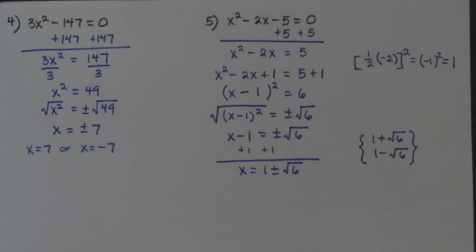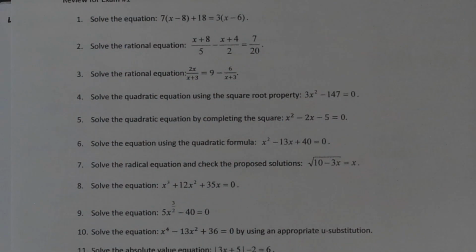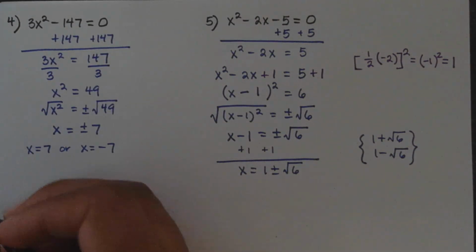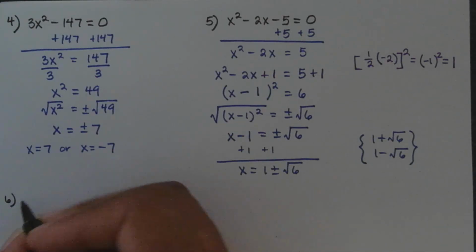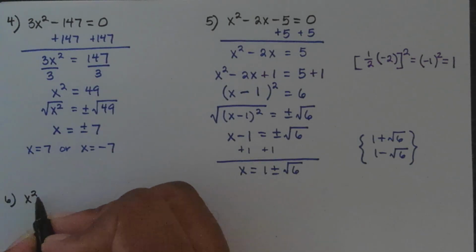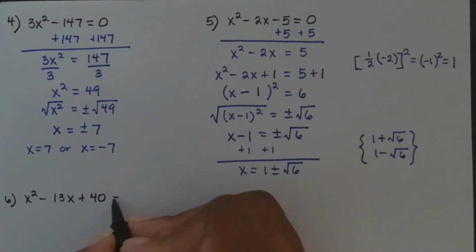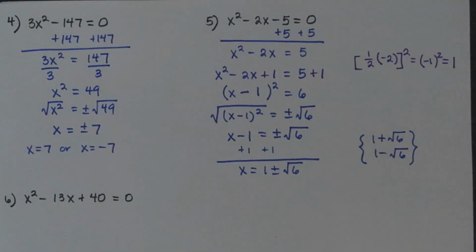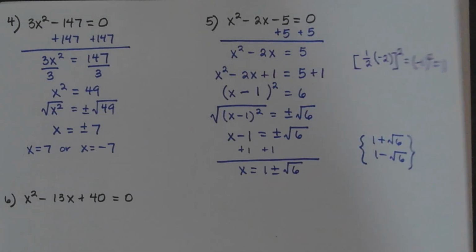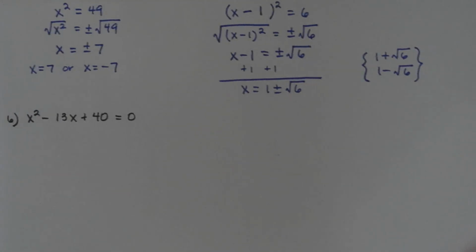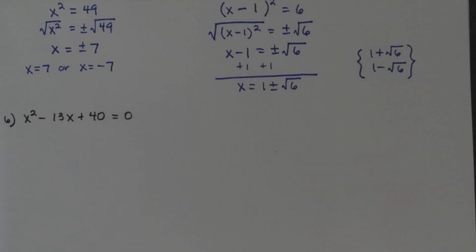Okay, number 6 is solving the equation using the quadratic formula. So here you have to use the quadratic formula on this one. Here we got x squared minus 13x plus 40, and that's equal to 0. And here I want to solve this quadratic equation using the quadratic formula.